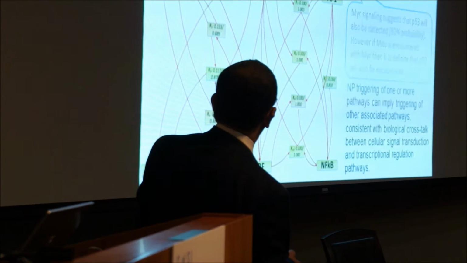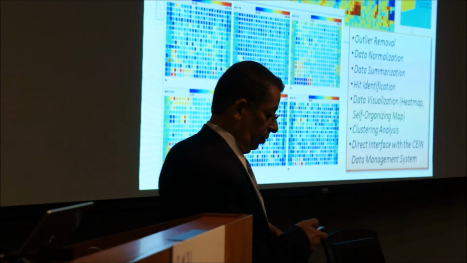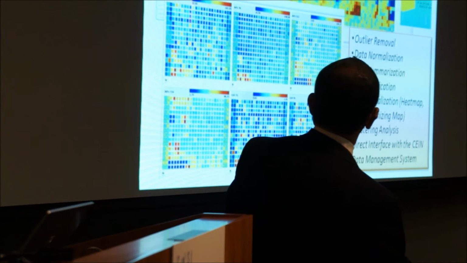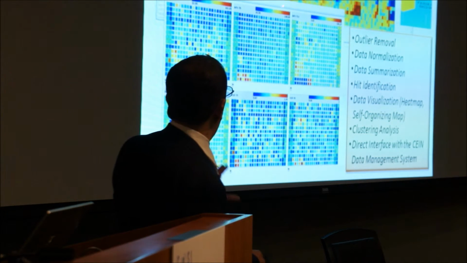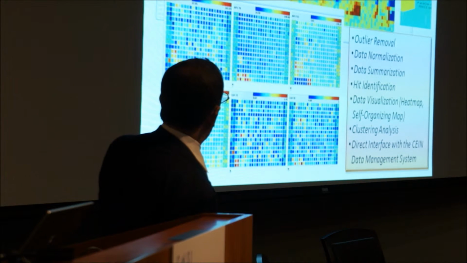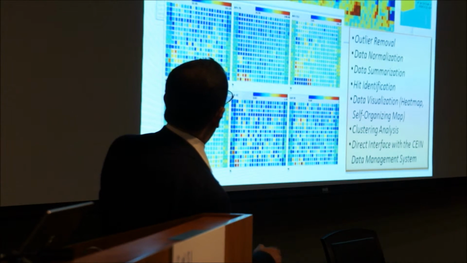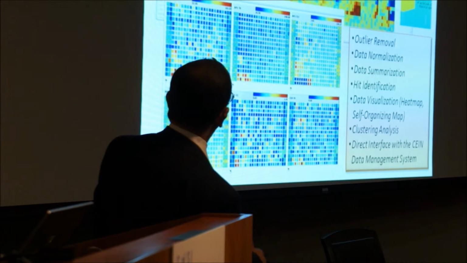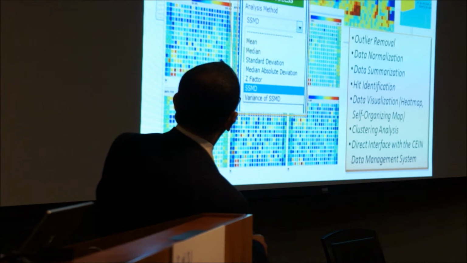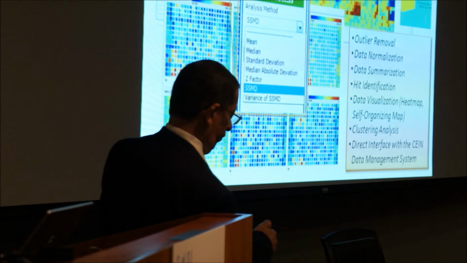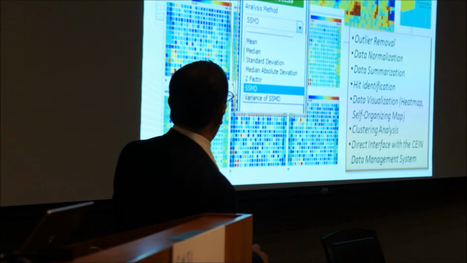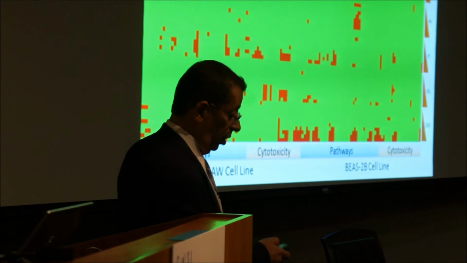I think that I will skip that because we're probably running out of time. But this gives you a map of this tool that I've just described that you'll be able to see. So you'll be able to look at raw data that comes from high throughput plates, and select from different types of analysis methods, some that are standard in the literature, others that have been developed here.